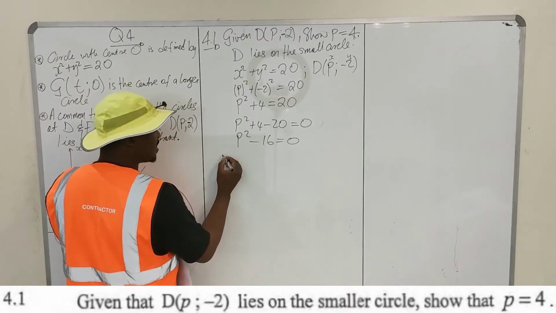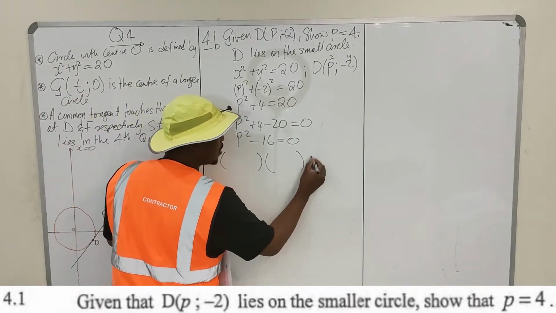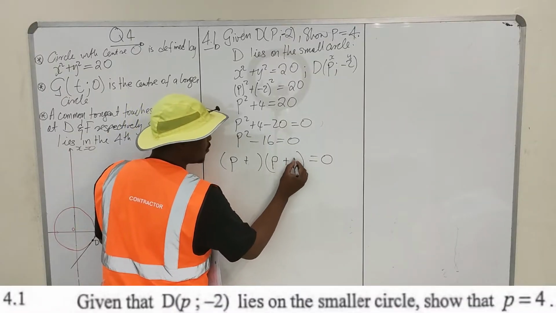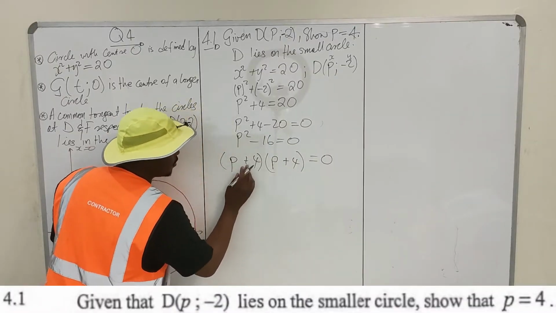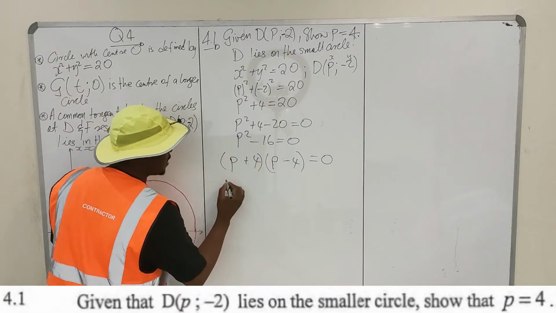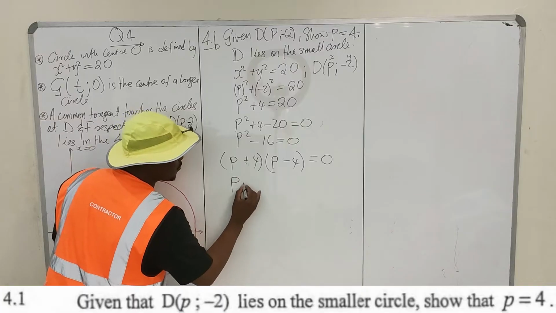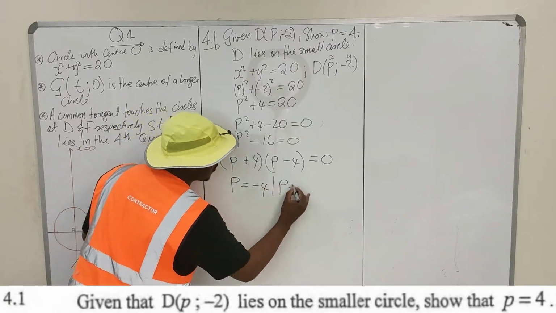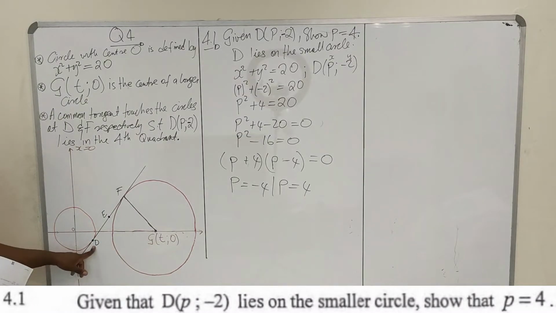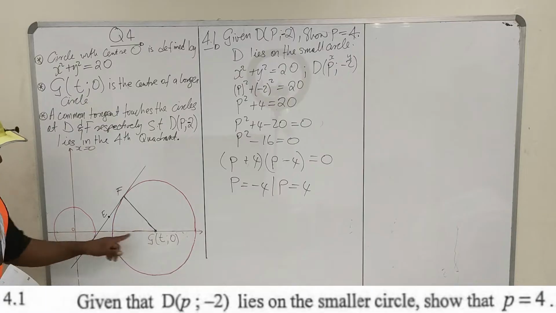Can we factorize this? So you have p, you have 4, you have 4. Actually, this should be -4. This is the difference of squares, right? So your p is equal to -4, or your p is equal to 4. But you know that this point is in the fourth quadrant, and you know that your x values are positive there.